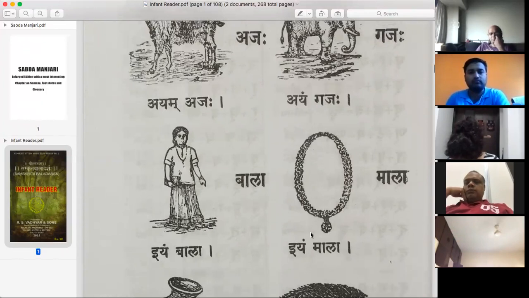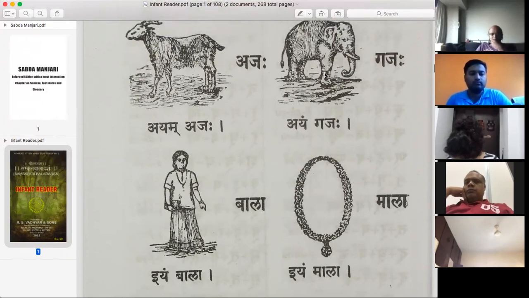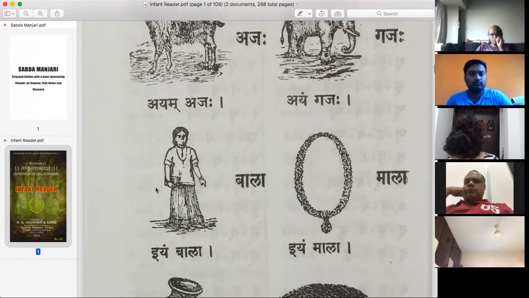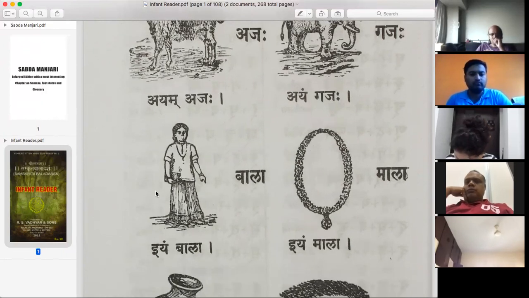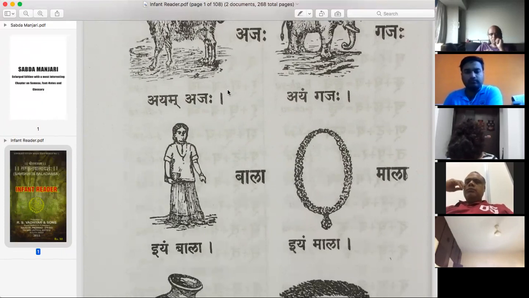So then you have Iyam Bala. In the earlier one, Gajaha means elephant. Okay. So the next is Bala. First the book was talking about masculine words.